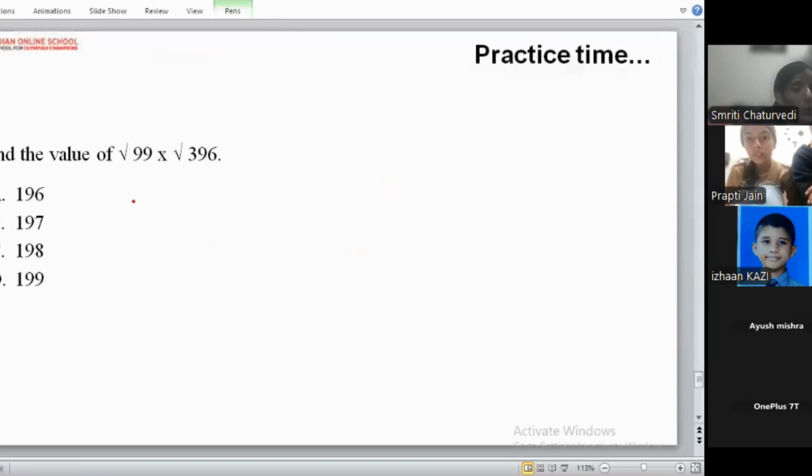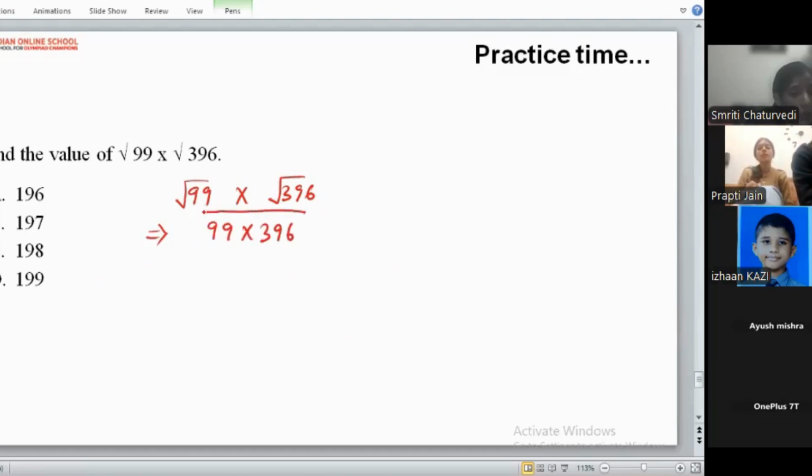Here we are supposed to find the value of root 99 times root 396. How can we do that? Okay, one hint for you. For this, we can write it in this form. And after that, we can find the prime factorization of both the numbers.